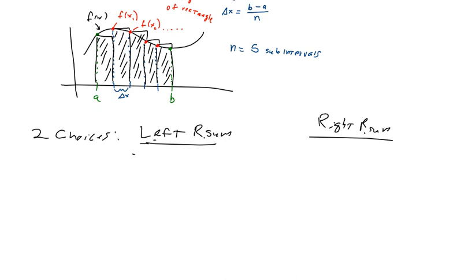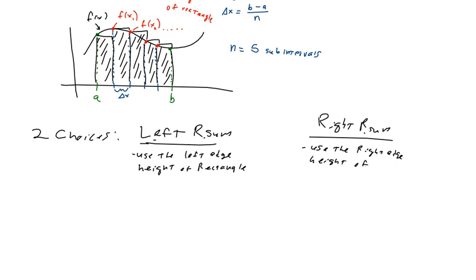The left Riemann sum uses the left edge height of the rectangle, and the right Riemann sum uses the right edge height of the rectangle.